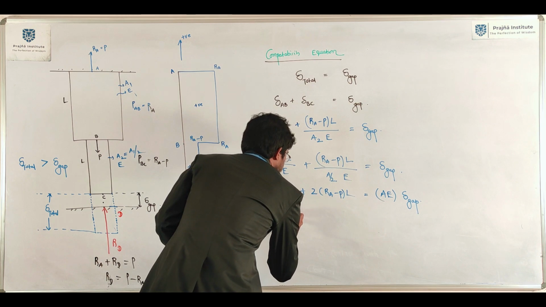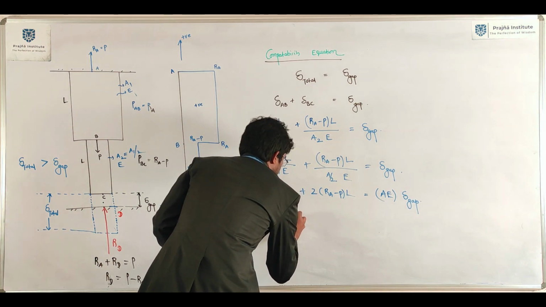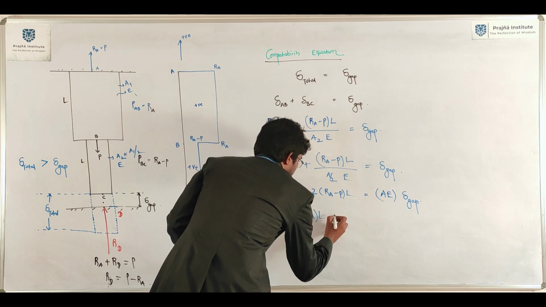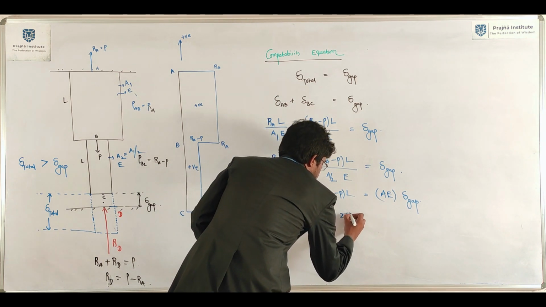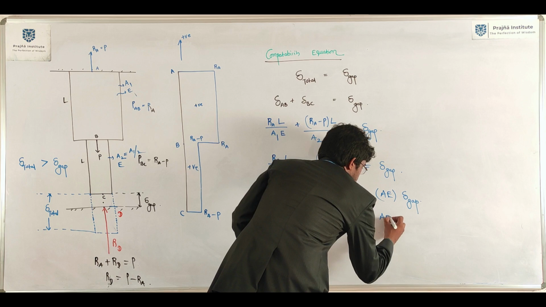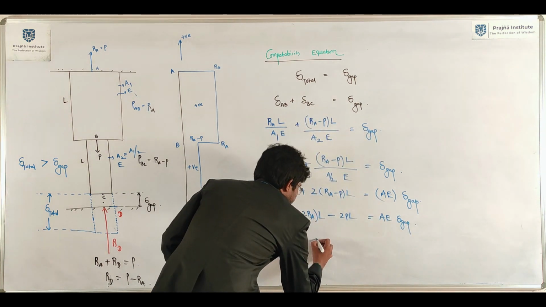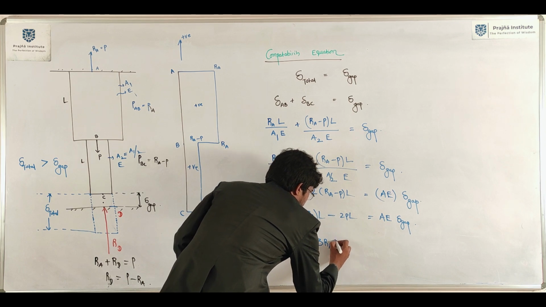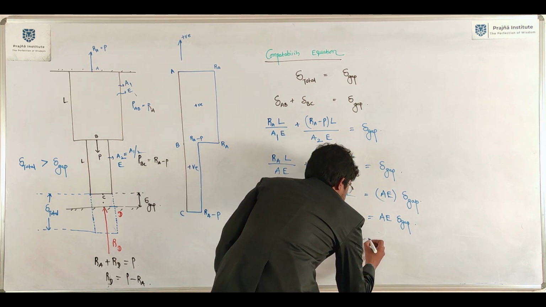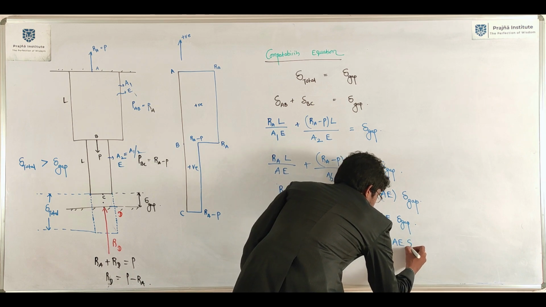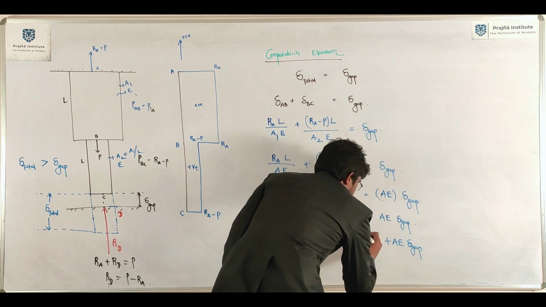Finally, what you will get? RA plus 2 RA into L minus 2 PL equals AE delta gap. Finally, 3 RA into L equals 2 PL plus AE delta gap.